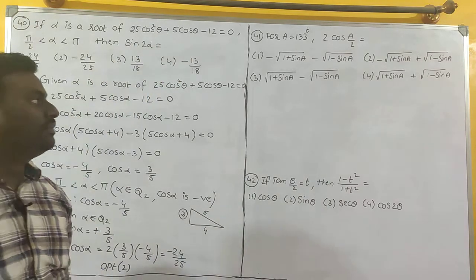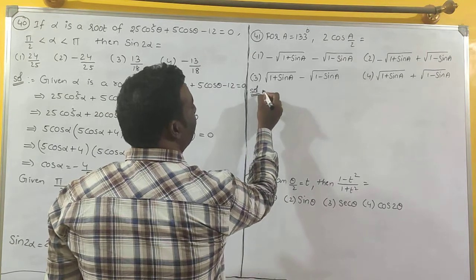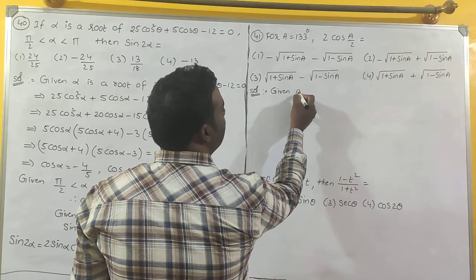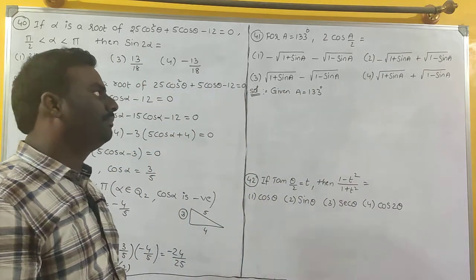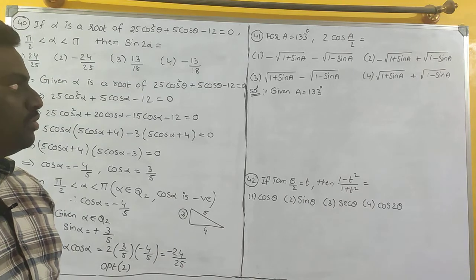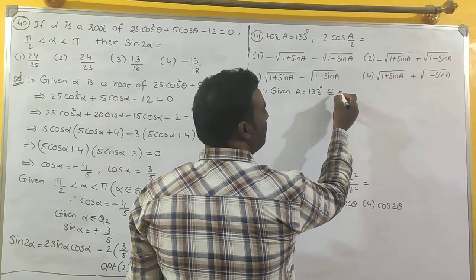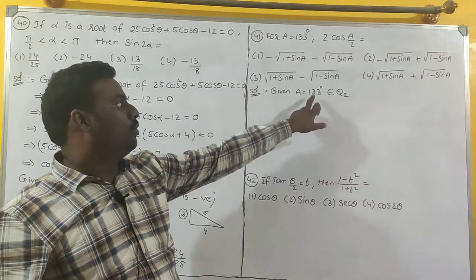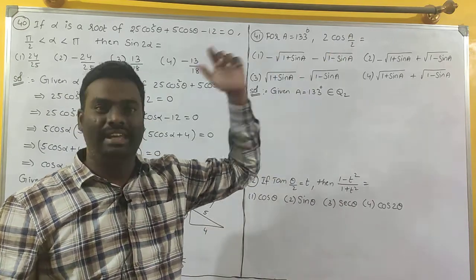Coming to the 41st question. Given A is equal to 133. A equals 133, it belongs to which quadrant? That is the second quadrant. Why? Because 133 lies between 90 to 180.